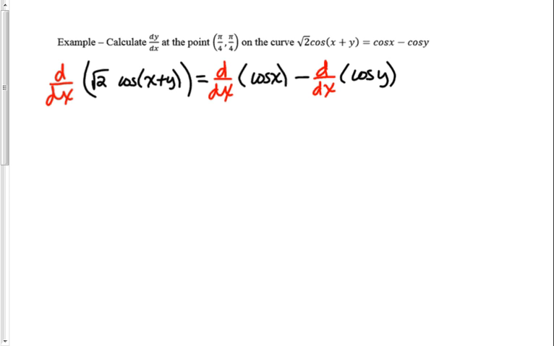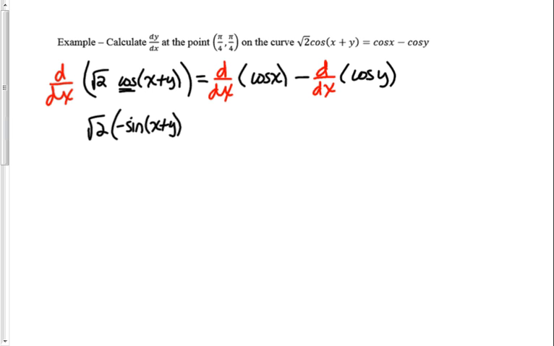So in this first one, I have a chain rule, an inside-outside rule, and I have a constant out front. So my constant's going to stay, square root of 2. Then I move into the cosine. The derivative of cosine is negative sine of the same thing times the derivative of the inside.